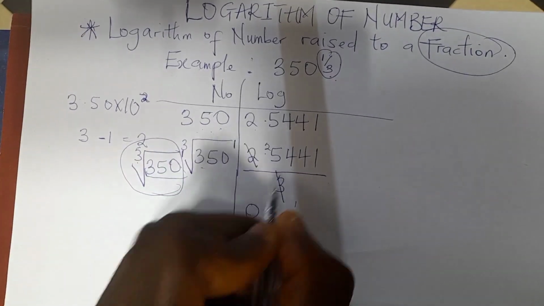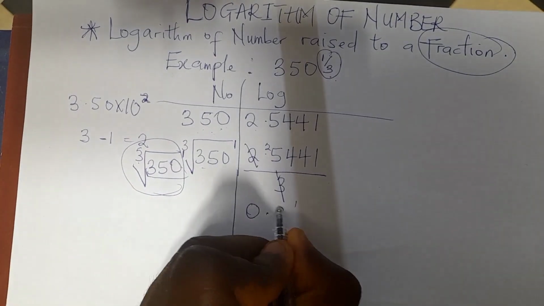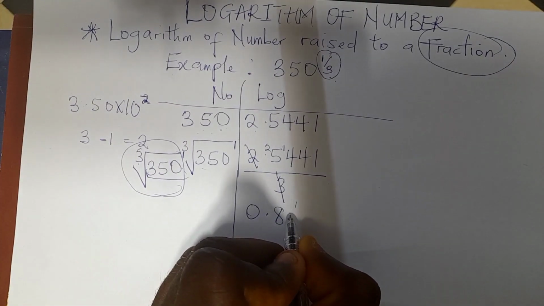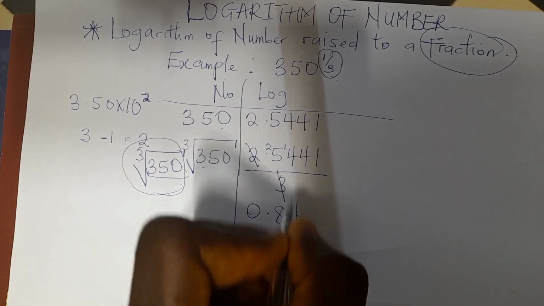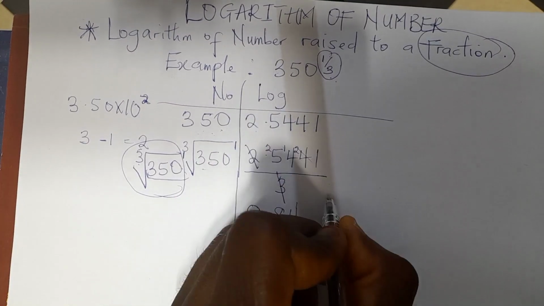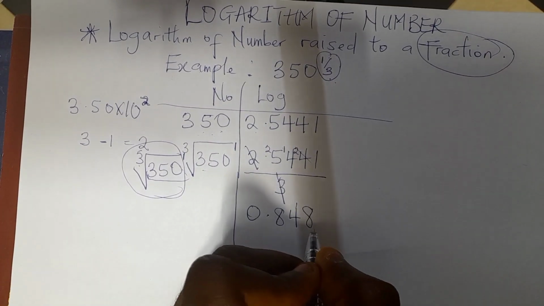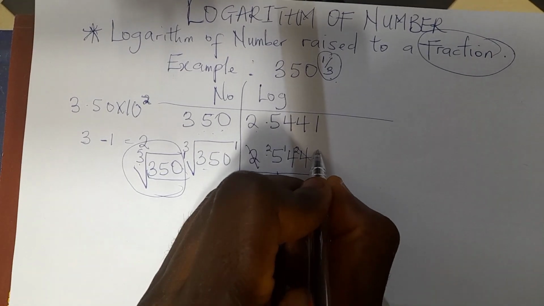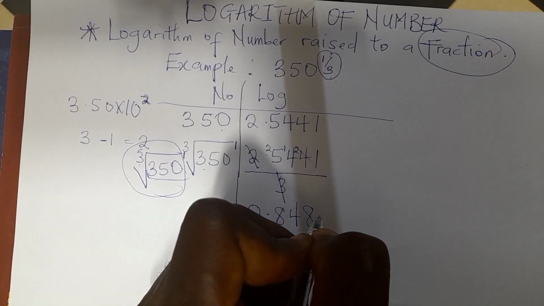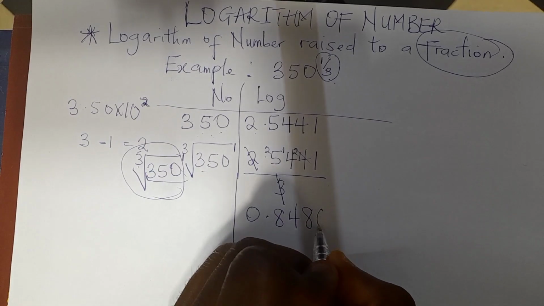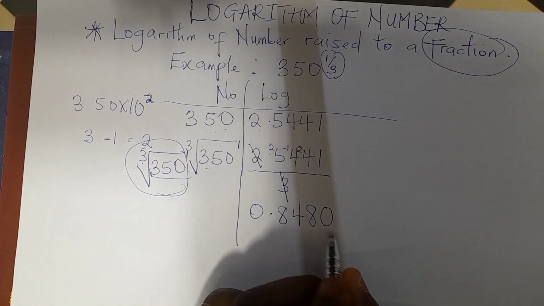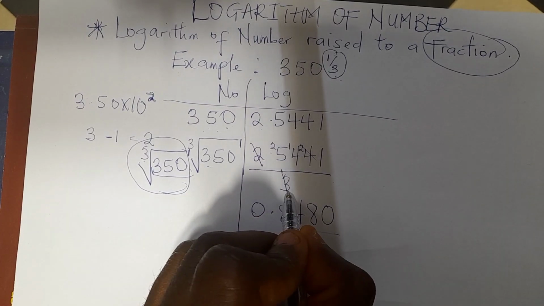Now 3 in 25, which is 8. Remember 1. 3 in 12, which is 4. Remember 0. 3 in 4, we have 1, remember 1. 3 in 11, we have 3. Okay, so this is the value after dividing it by 3.